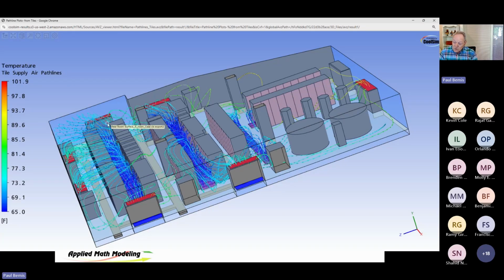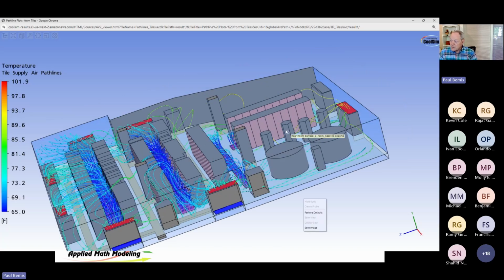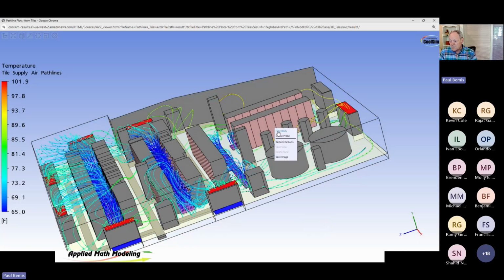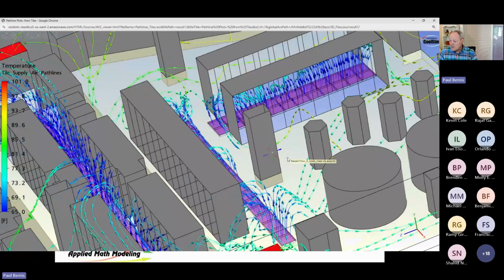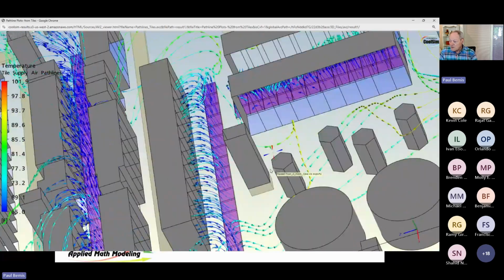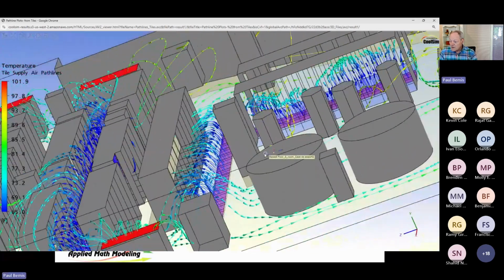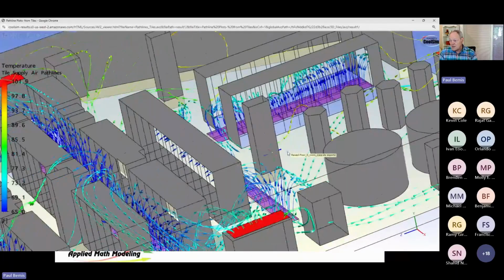And yes, you could go into the room and damper these down and try to manually adjust it. But it would be challenging. It would help. But look what's going on over here. And by the way, if you're following along, you can right mouse click and just hide body. You can do it a couple of times and it will work successively. But there's your problem right there: air is not really coming out of those tiles very well at all, causing problems in this end of the data center.